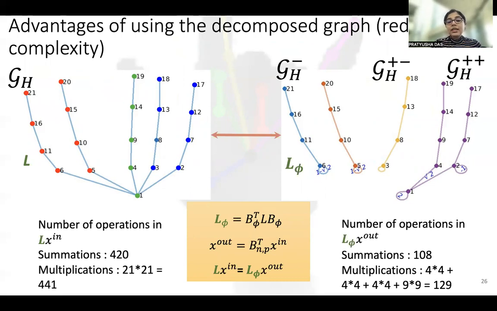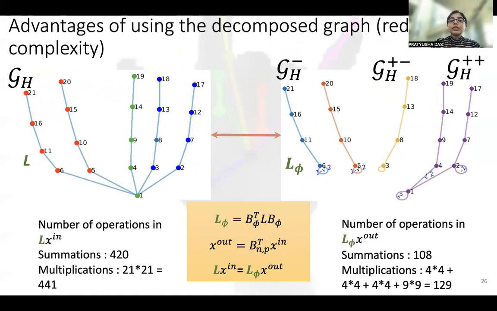But as they are related by this matrix B, if you are going to use these L5s, which are the decomposed subgraphs, you need to pre-process your data first, and that will be used as input while dealing with these smaller subgraphs. And this B is a Haar unit-based orthogonal matrix.